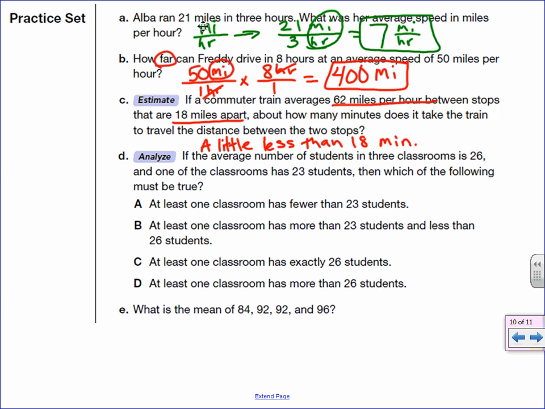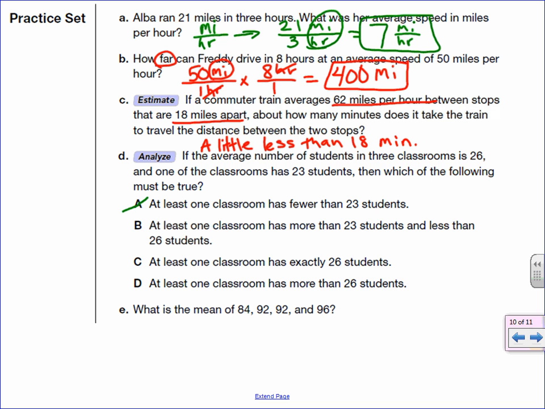So we know that if I have one that's 23, which is less than 26, I also need to have one higher than 26 to kind of balance that out. So at least one classroom has fewer than 23 students, that's not going to work. At least one classroom has more than 23 students and less than 26 students. We're not sure. It could be possible.